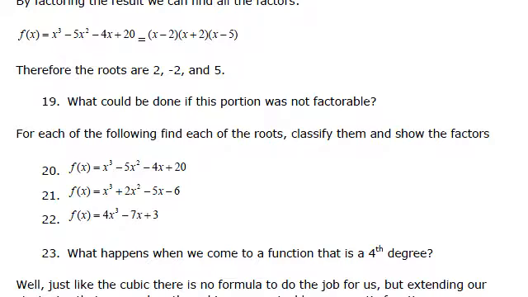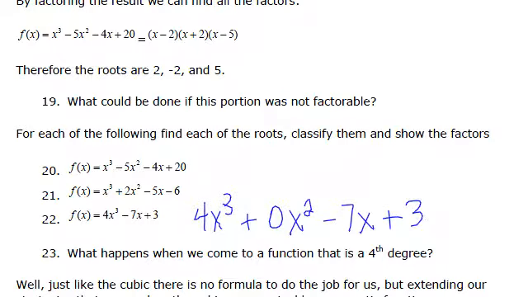You have to remember in, like, number 22, you see how they have 4x to the third? There is no x squared, so you have to say 0x squared. And then minus 7x plus 3. Okay? You have to always fill in the gaps.